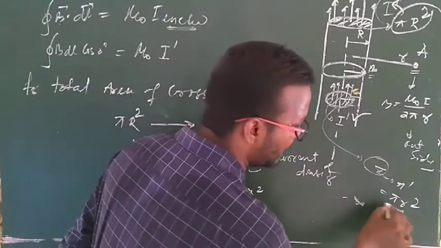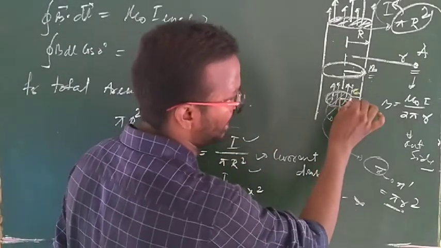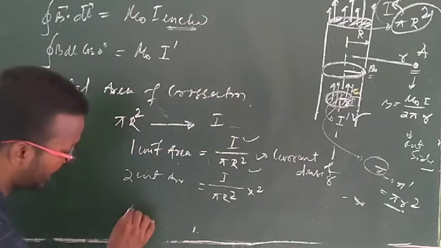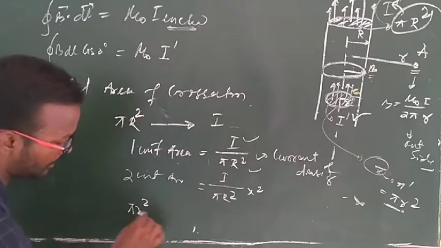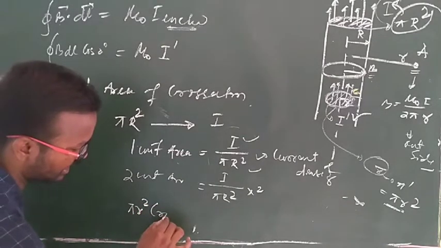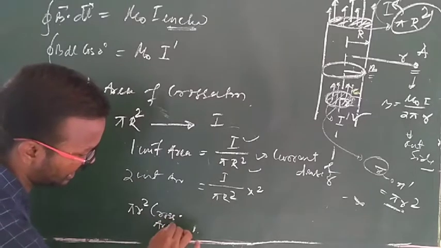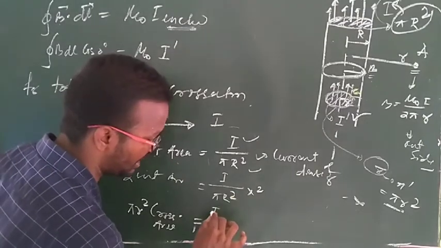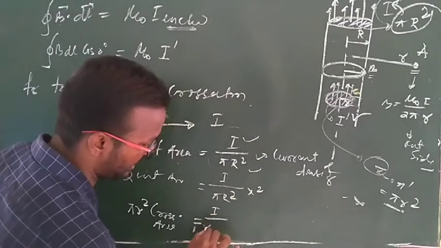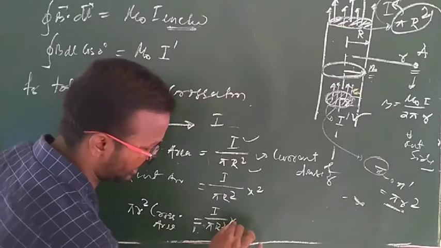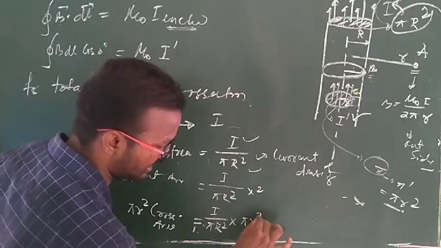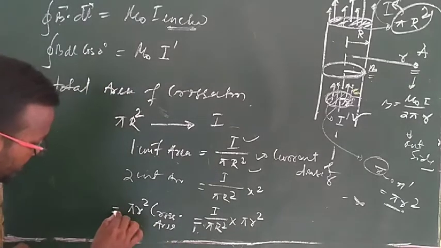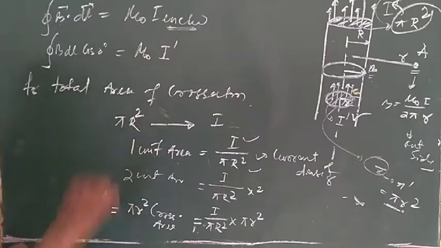Similarly, for pi r square, because this area has small r as its radius, the area is pi r square. So for pi r square cross sectional area, the current flowing through this cross sectional area is I by pi r square into pi r square. Clear? This can be written as I dash.